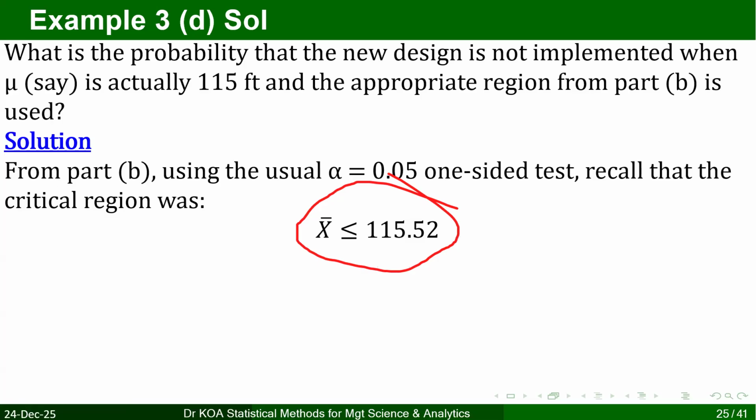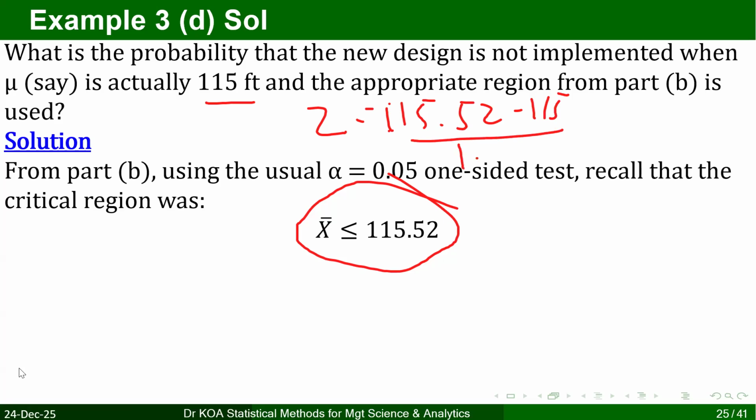So you are finding a new Z, basically: the gap between X bar, 115.52, minus the 115 that has been given to you, divided by the same information, 1.6667.